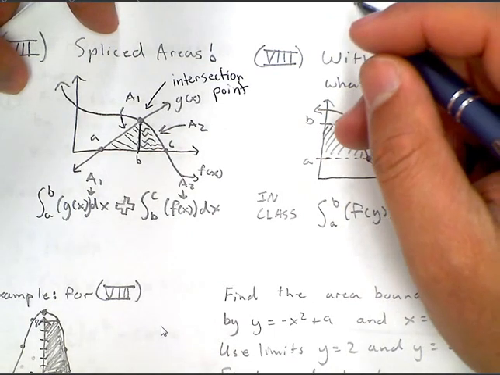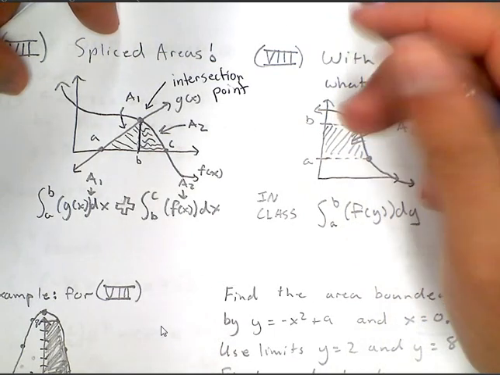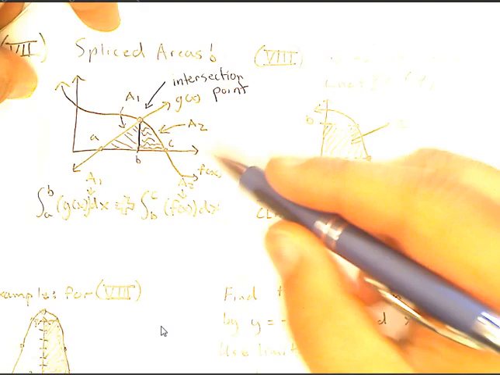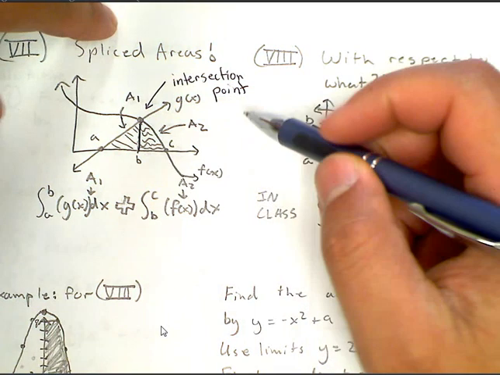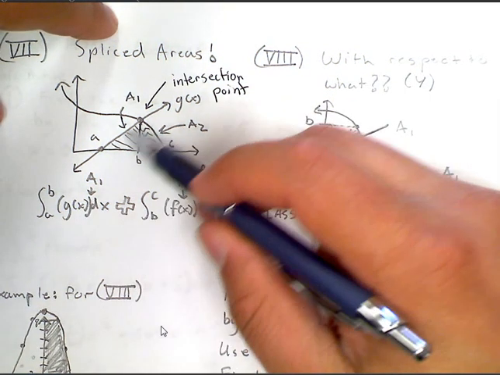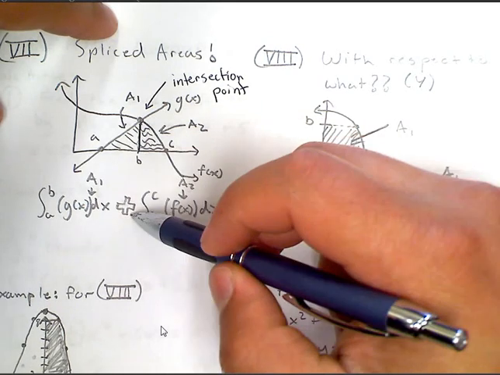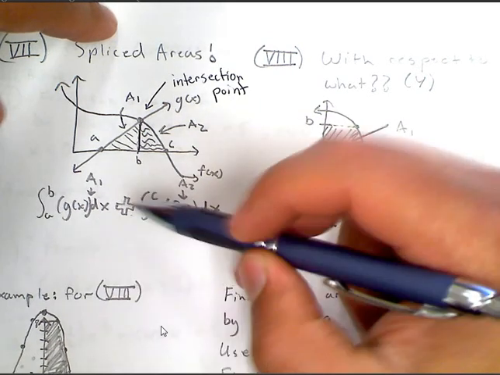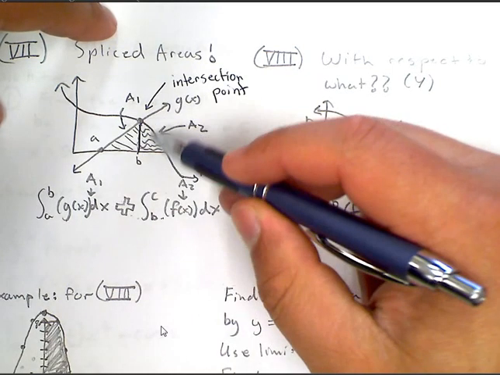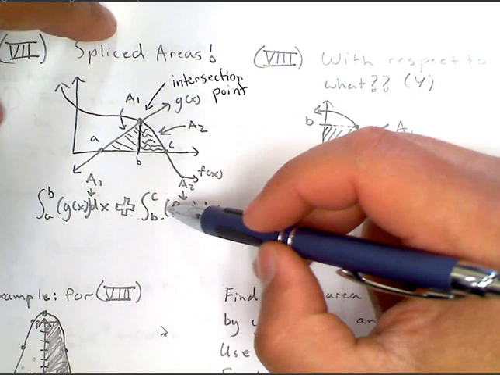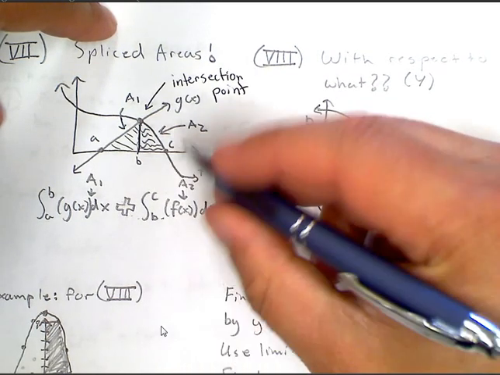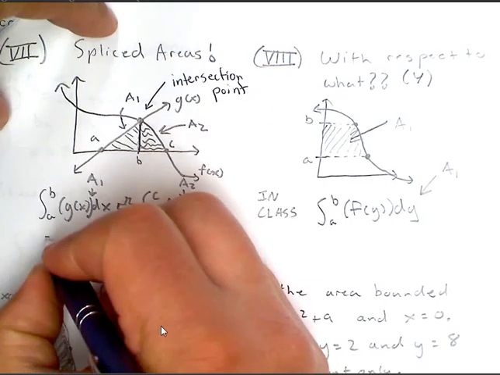But there's your intersection point. So B is an intersection point. You might have to find it. So the integral from a to b underneath g of x, plus a new integral from b to c of this area under f of x. We're adding those two areas together to find the total area.